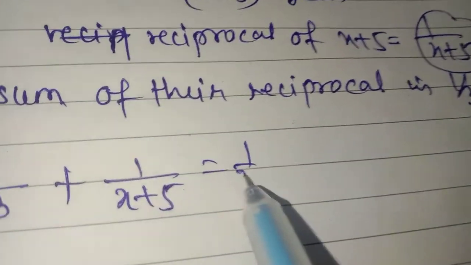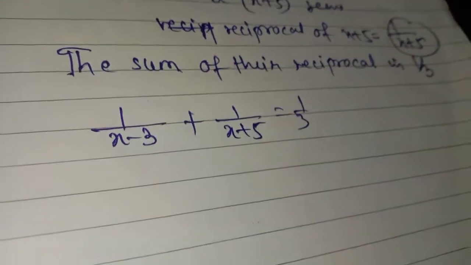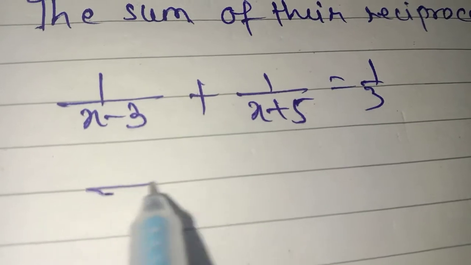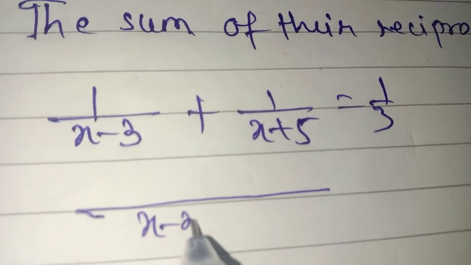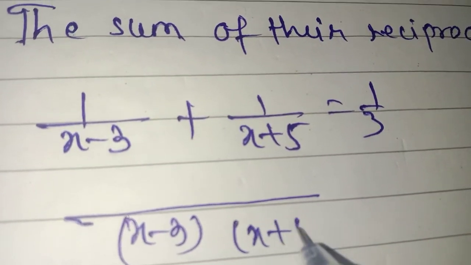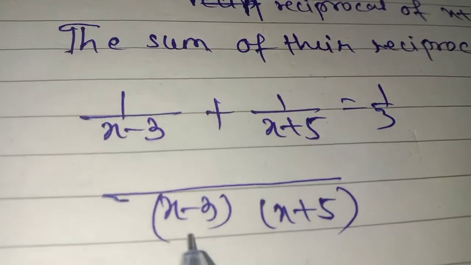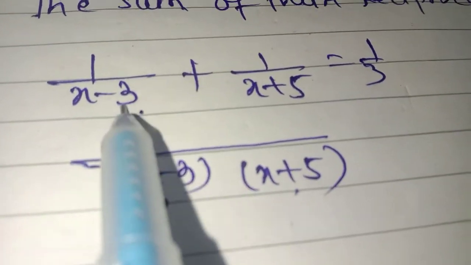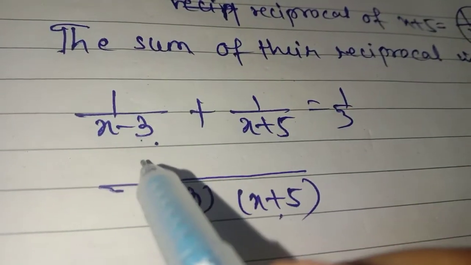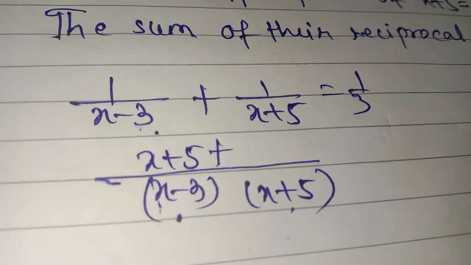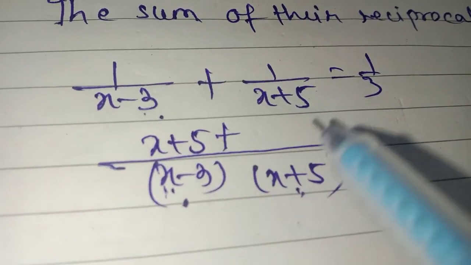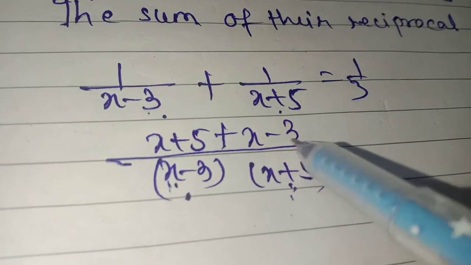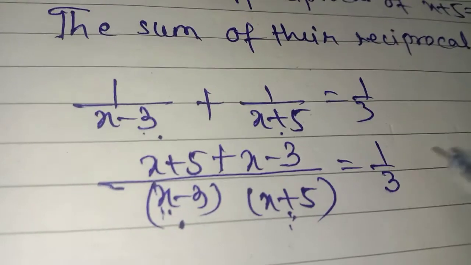is equal to 1/3. Again it is not in standard form, so we have to convert it into standard form. We have to take the LCM, which is x minus 3 times x plus 5. Divided by x minus 3, the x minus 3 cancels, so we write x plus 5. Then divided by x plus 5, the x plus 5 cancels, and we get x minus 3, equal to 1 by 3.